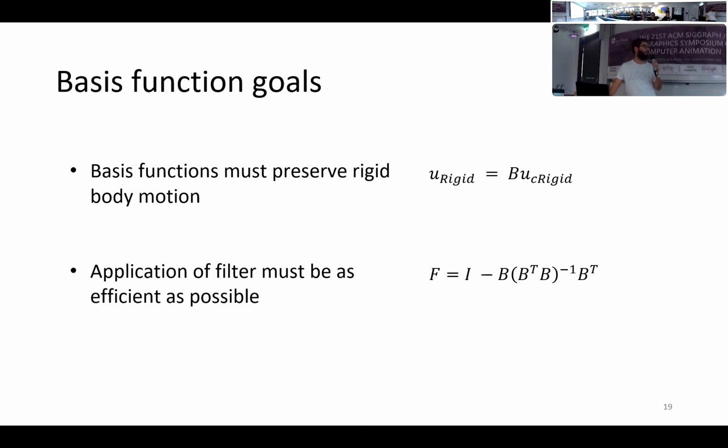It must produce only a rigid body motion in the coarse mesh. Also, to solve, we need to multiply by the filter in each iteration of the conjugate gradient solver. So we want this multiplication to be as fast as possible. That is our second goal.